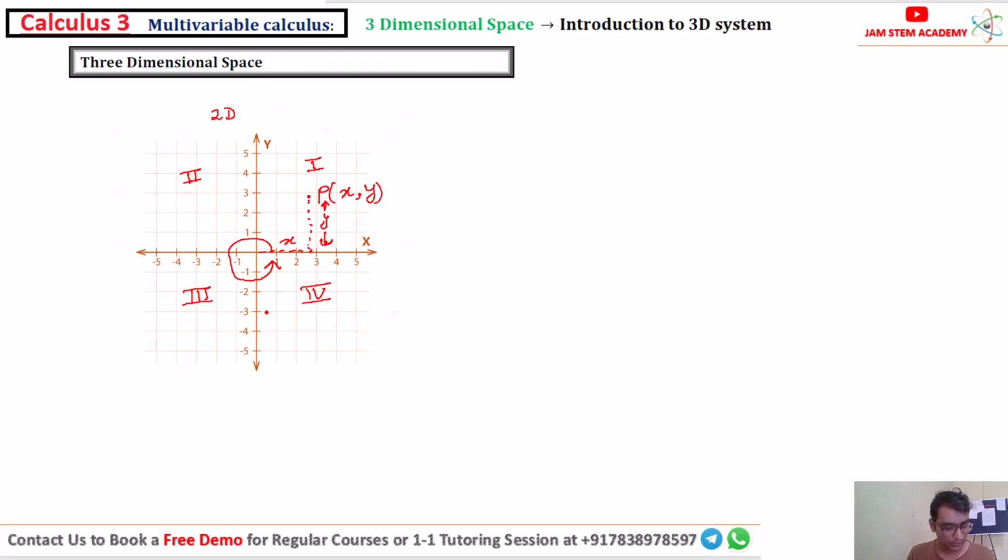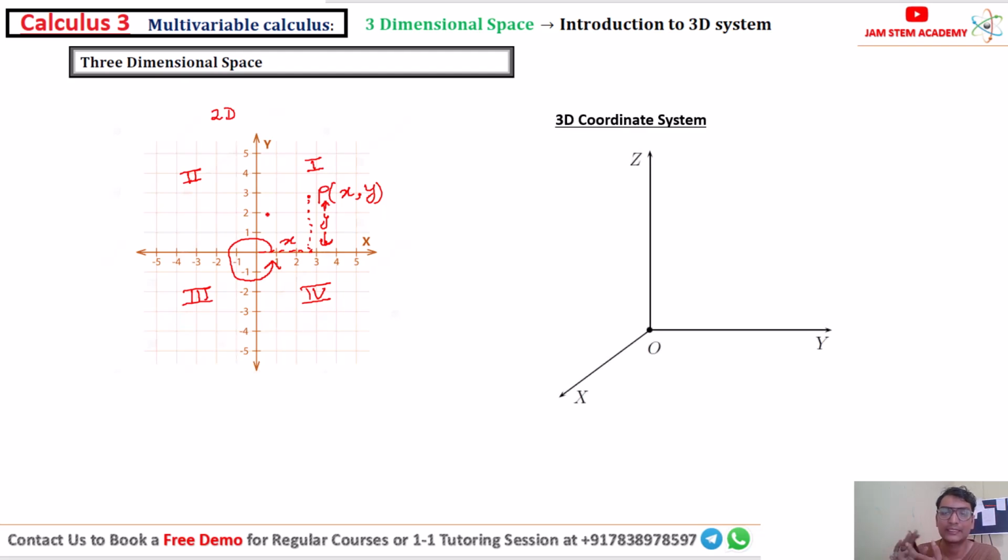Okay, so now let's generalize this idea to the 3D. So in three-dimensional space, not only two, we will have three axes which are perpendicular to each other. That makes a space, as you can see here, with the x-axis and y-axis. This will make a plane, but we have another height part as well, z-axis.